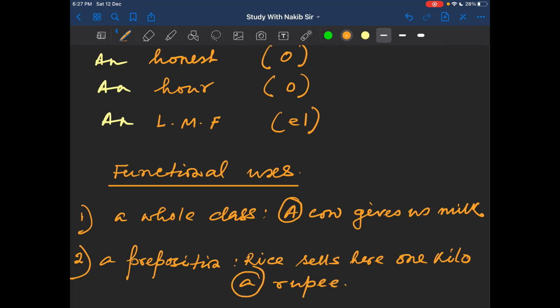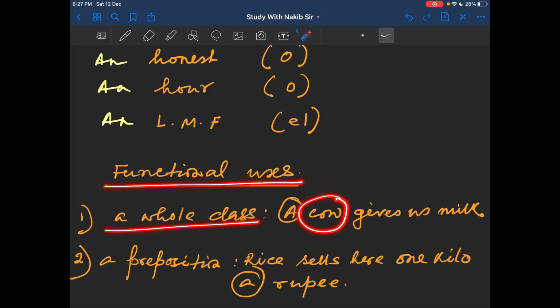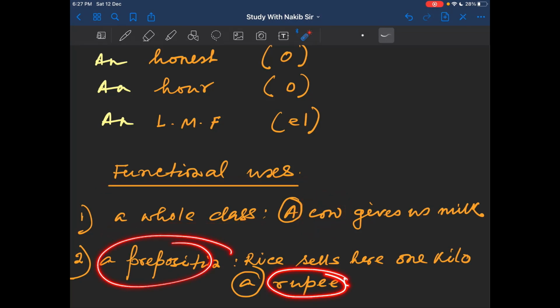This is an article, but it is used here like a preposition, as if to connect this noun with the rest of the sentence. So sometimes functionally an article is used before a noun to indicate a whole class and before a noun as a preposition to connect it with the rest of the sentence.